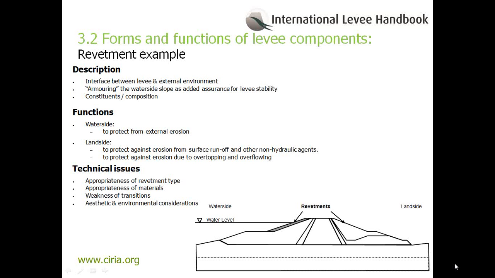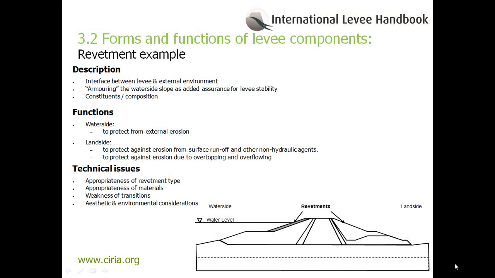Sometimes termed revetment or armoring, the waterside slope protection is often constructed as added insurance for the levee stability to resist erosive properties. The composition of the revetment typically consists of grass, riprap, asphalt, geotextiles, or cellular confinement systems. However, there are a number of other materials that might be used.